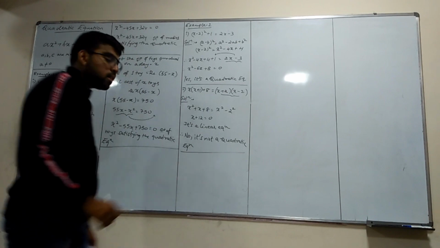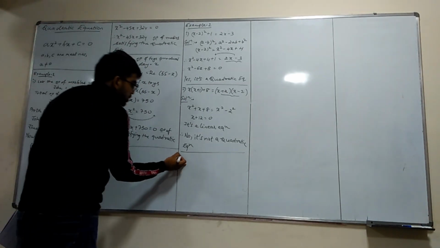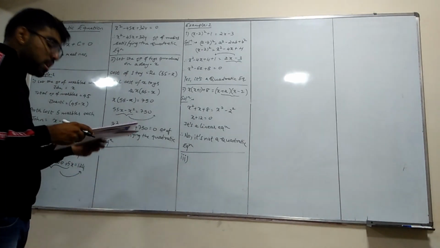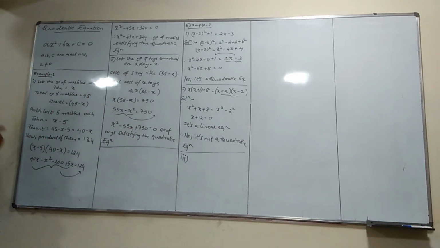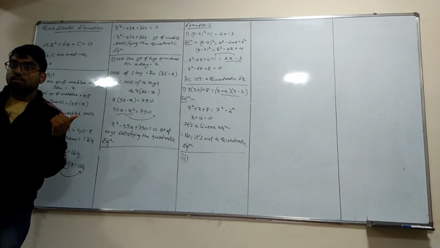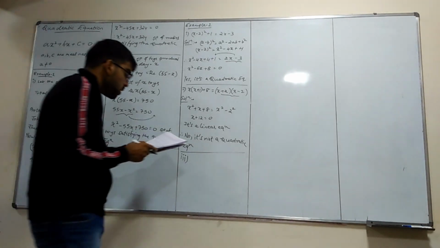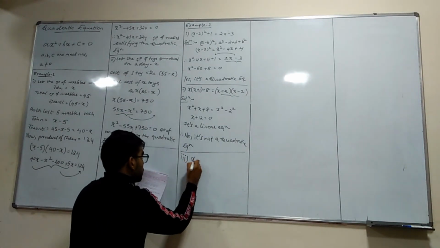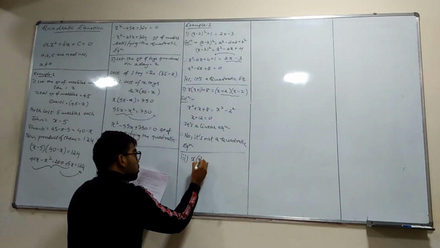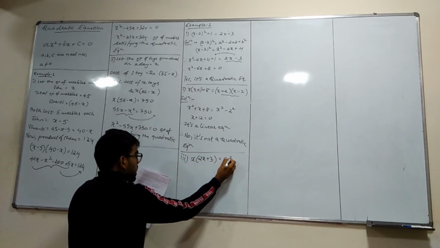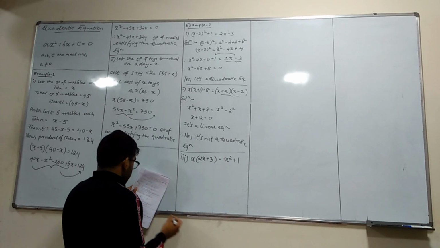Done? Next sub question. I'm solving this, giving time so that the exercise problem stuff, it's your chance to cover after this. Okay? So we have x into 2x plus 3 is equal to x square plus 1.